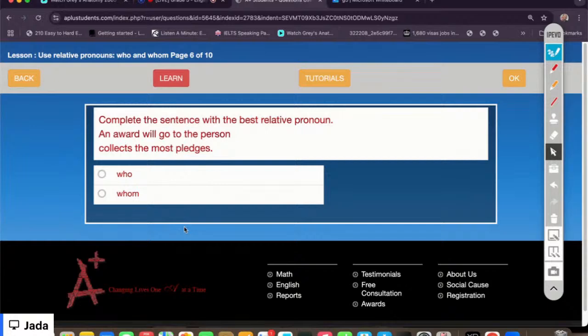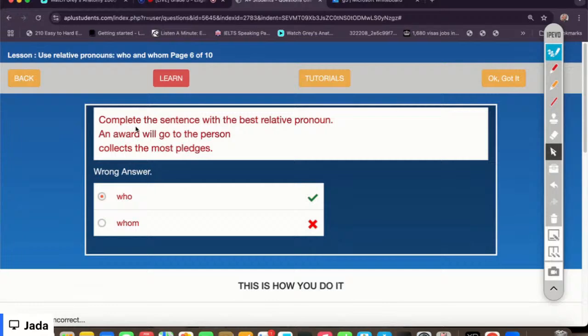What's the answer? So this is actually who.